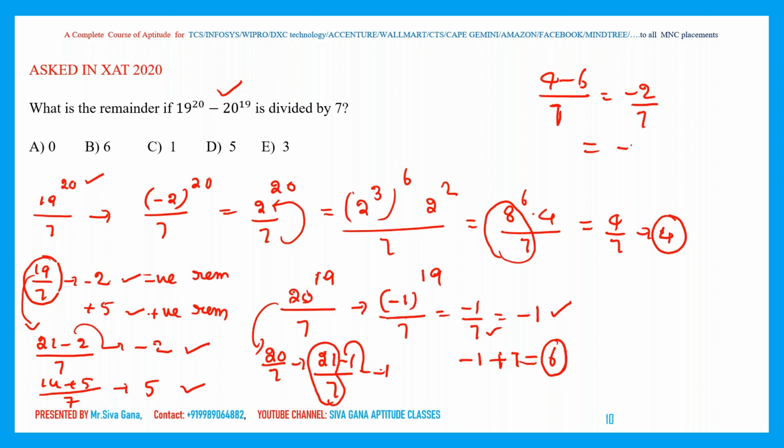So the overall remainder is minus 2, which is a negative remainder. If we got the negative remainder, add the divisor to the negative remainder. How much are we going to get? 5. The answer that we are looking for is 5. Beautiful question, which will come in remainders. The negative remainder concept is always helpful, my dear students.